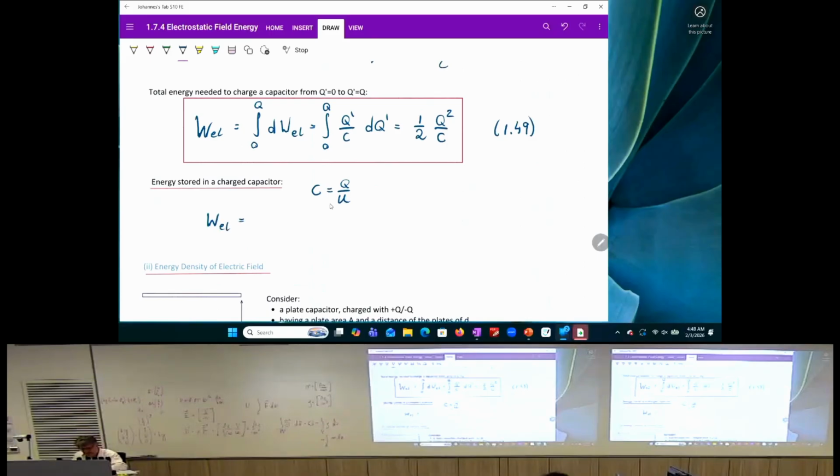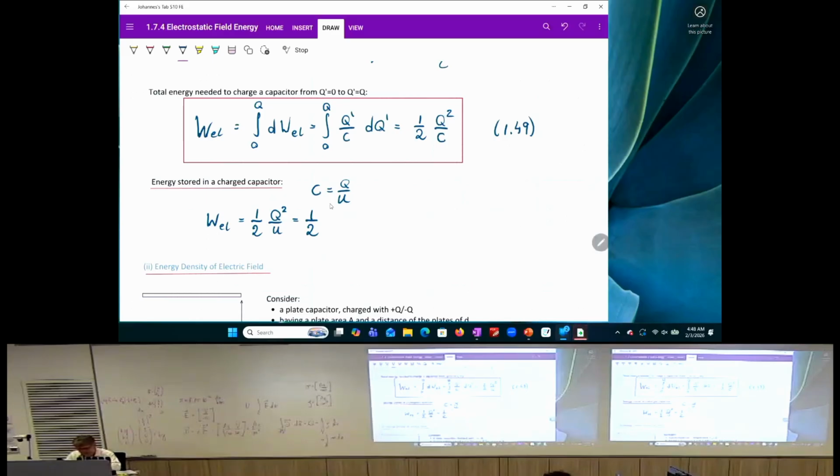The energy stored in the capacitor is this 1/2 Q squared over C. Another way of writing it: because you see that relation, the capacitance is Q over U, we can make use of the fact that Q is C times U. So insert that for one of the Q's.